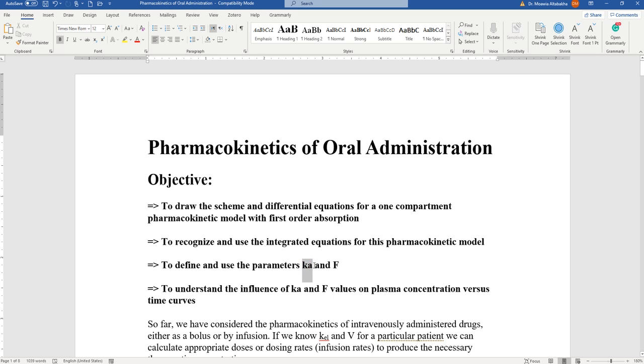And the unit is time to the power of -1. We need to understand what is the effect of Ka and F on plasma concentration versus time curves.